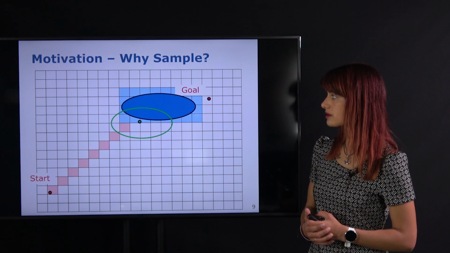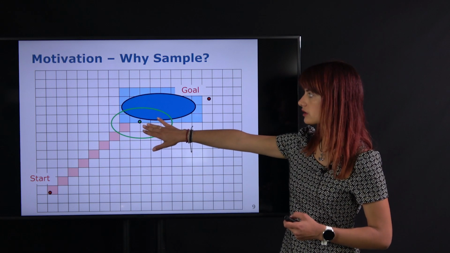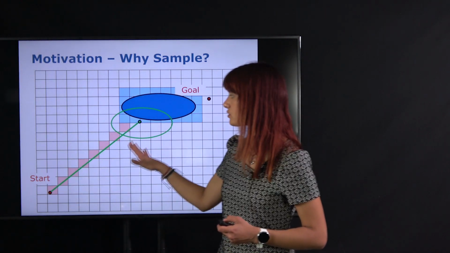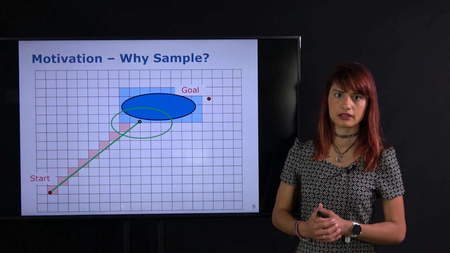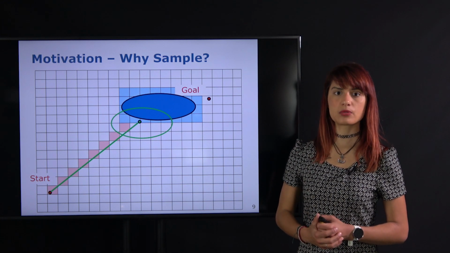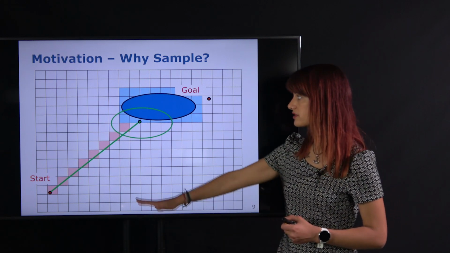So if only there was some way to sample here in this area and then form a straight line connection directly. This would significantly reduce the number of computations that we have to do in this region.